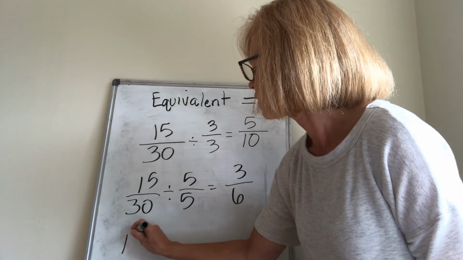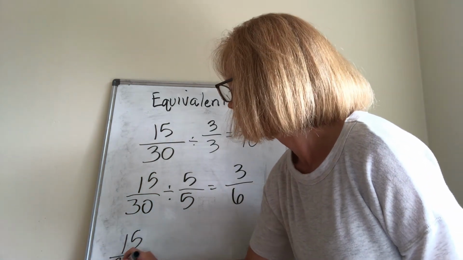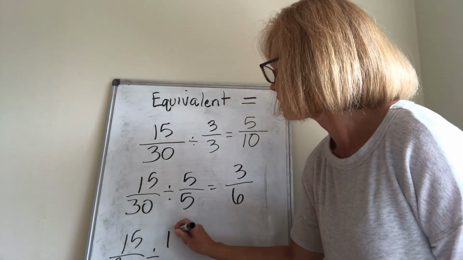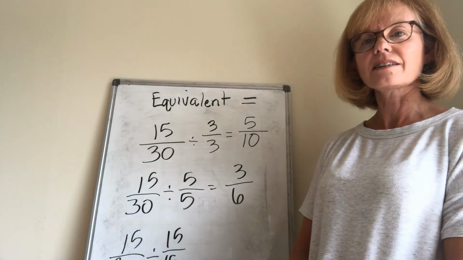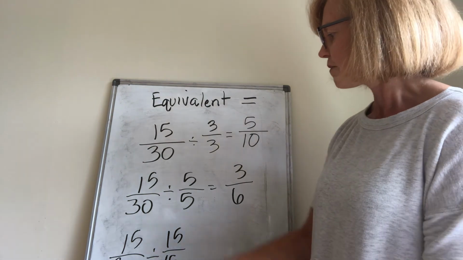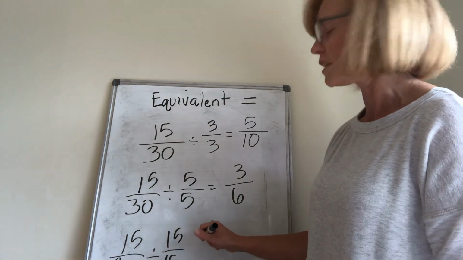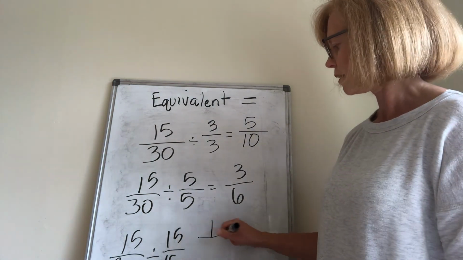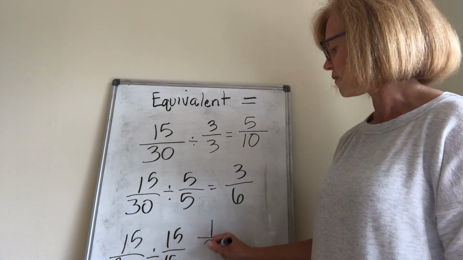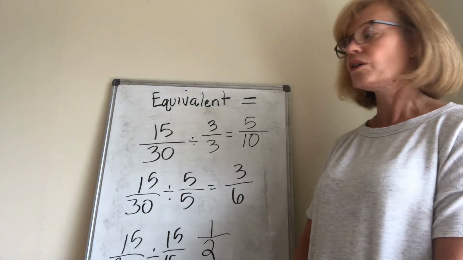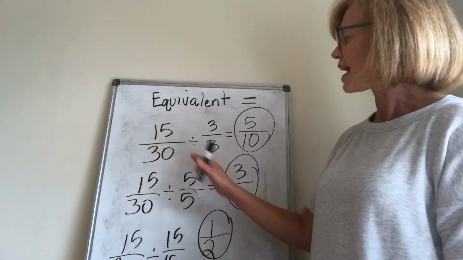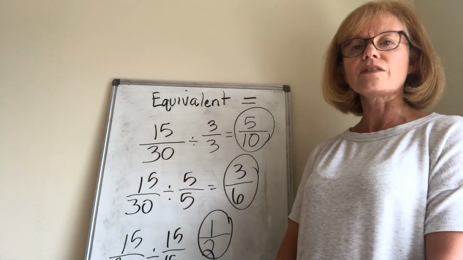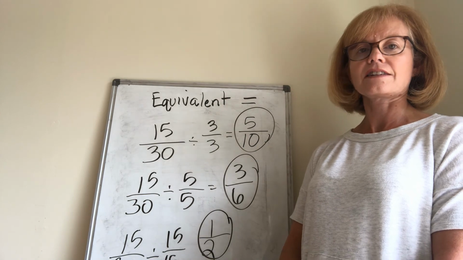Let's see if there's another one we could find. What if I divided both of these by 15? Could I do that? Let's see. 15 divided by 15 is 1. And 30 divided by 15 is 2. Wow. So 5/10, 3/6, 1/2, they are all equivalent to 15/30.